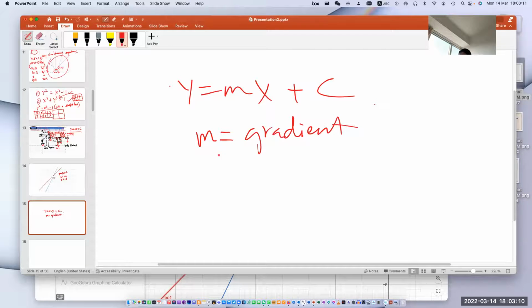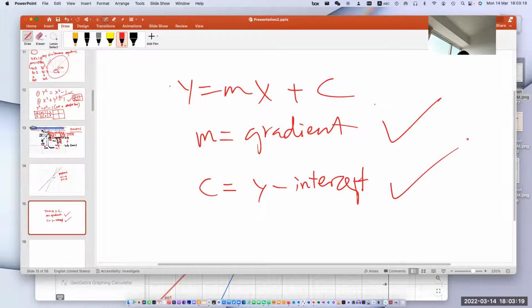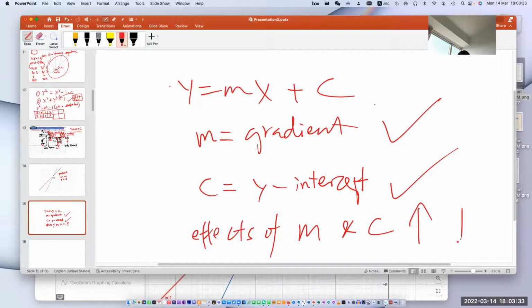This is my y-intercept. And I have not talked about how the gradient and the y-intercept will change the straight line. That means what is the effect of M and C if they increase or they decrease. I still have not talked about the effects.